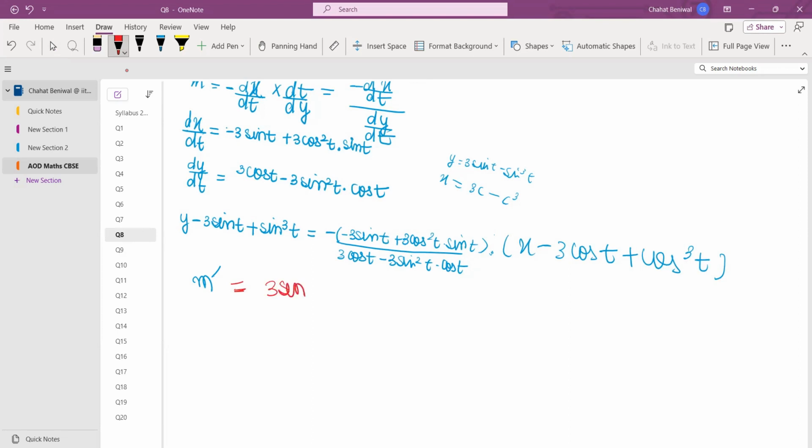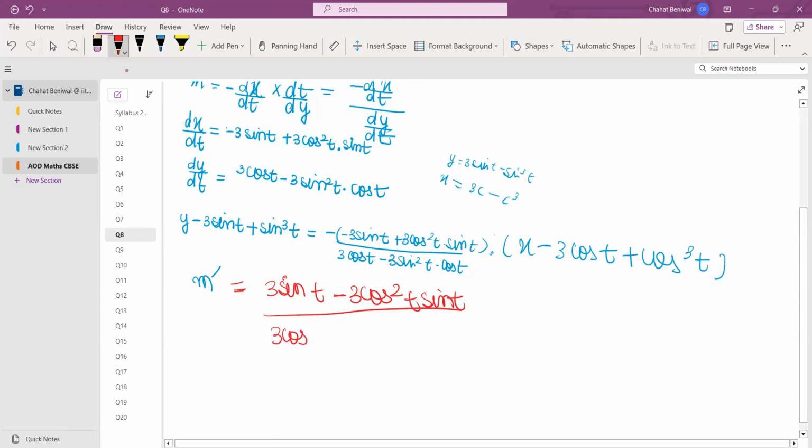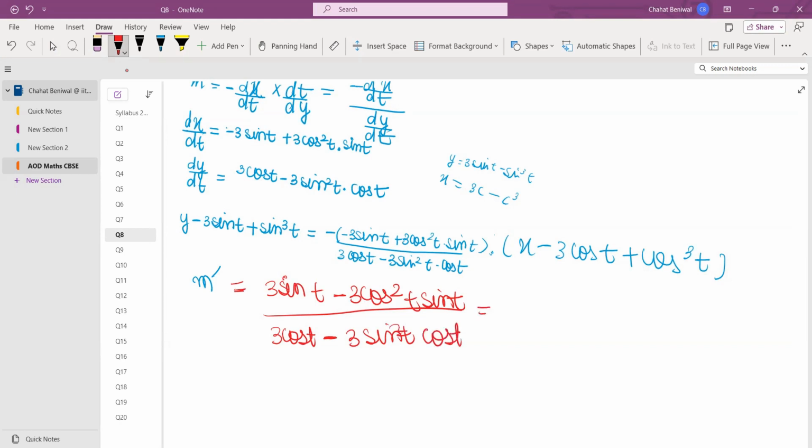I'm taking this negative sign inside. 3 sin t minus 3 cos square t sin t upon 3 cos t minus 3 sin square t cos t. Okay, I think I can see something. Firstly, 3 is going to cancel out, and then we can take sin t as common in here, and cos t in the denominator.